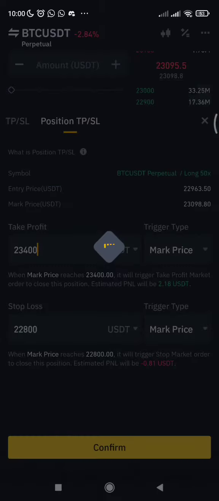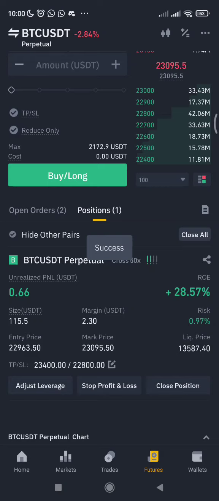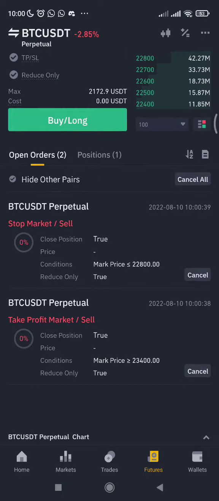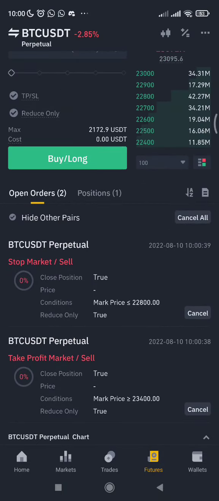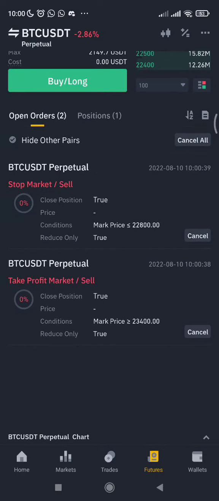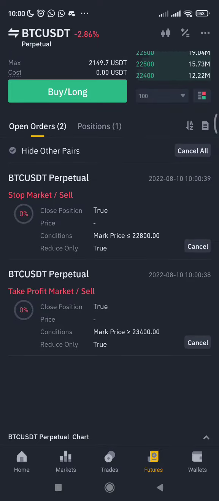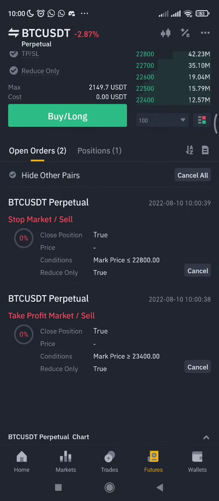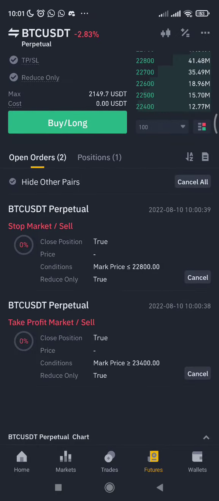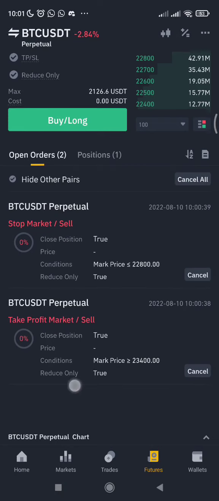Remember, you can then click confirm. It's confirmed now. You can see it on your open orders. So you can see it is another open order. Once BTC hits 23,400, your take profit will trigger and all the orders will close.